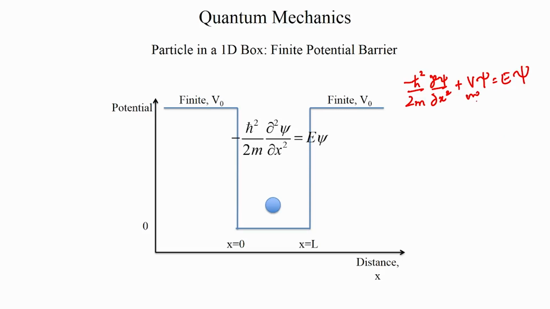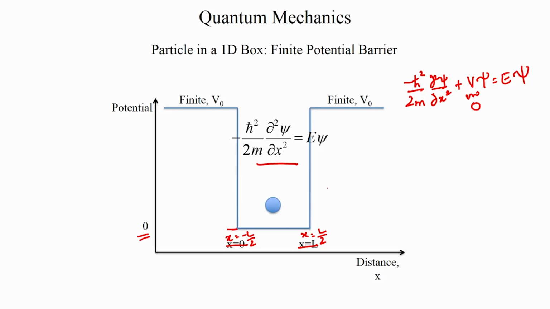Just like in our previous case, inside the box we can define the reference potential to be 0. And once again, let me correct these axes because that is consistent with what I have written later. Inside the box, Schrodinger's equation is simply this, because the potential is 0 inside this box.